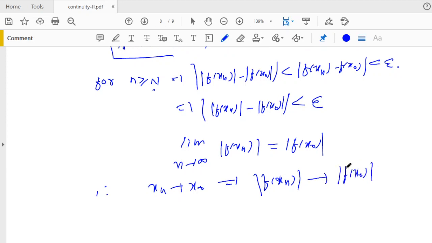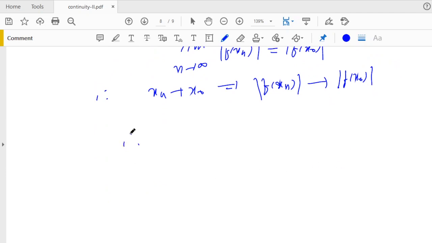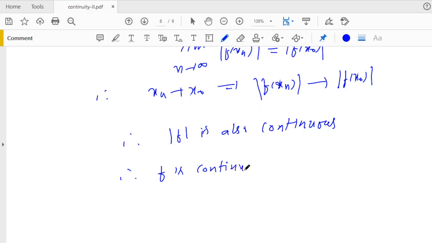Therefore, by definition of a continuous function, mod f is also continuous. Therefore, f is continuous implies that mod f is also continuous.